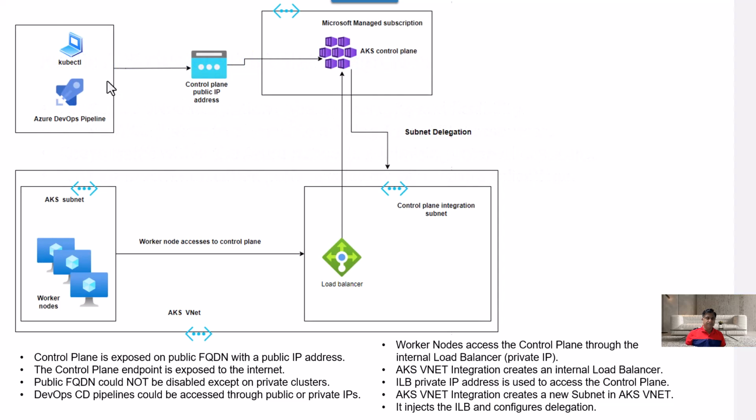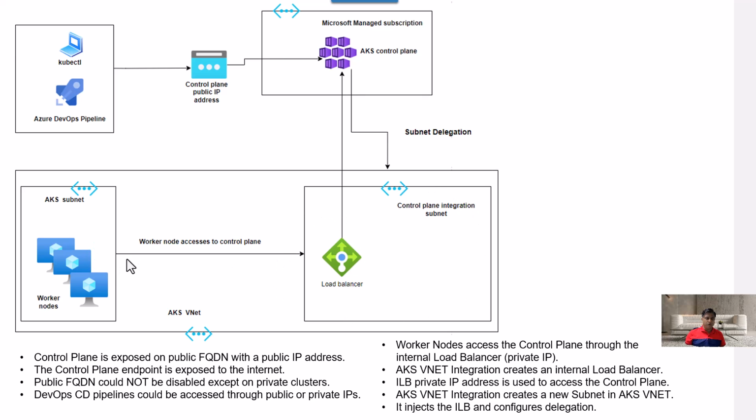So let's understand it. This approach is the same as what you have already seen in the public cluster. The only difference is that your worker node accesses the control plane with the help of a load balancer, which is deployed in the control plane integration subnet. There is a subnet delegated to AKS, and in that subnet you have a load balancer.